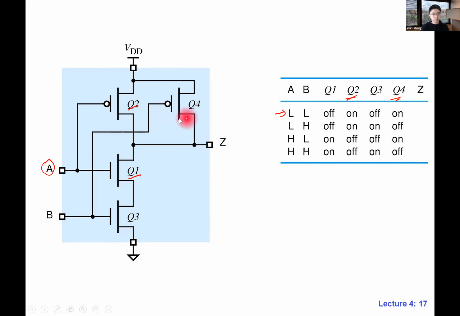With the parallel structure, both Q2 and Q4 are conducting, so of course we have a path from VDD to Z. Do we need both Q2 and Q4 to be on to have a path from VDD to Z? No. With the parallel structure, we only need one of them. Make sense? That's the parallel structure.